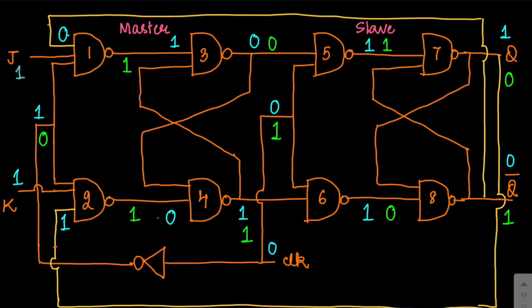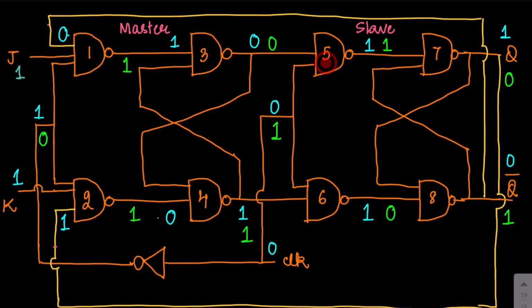Next comes when the clock becomes equal to 1. Looking at the master side, the master is now getting clock equal to 0, so it will not respond and remains in the previous state. The slave is getting the clock equal to 1.